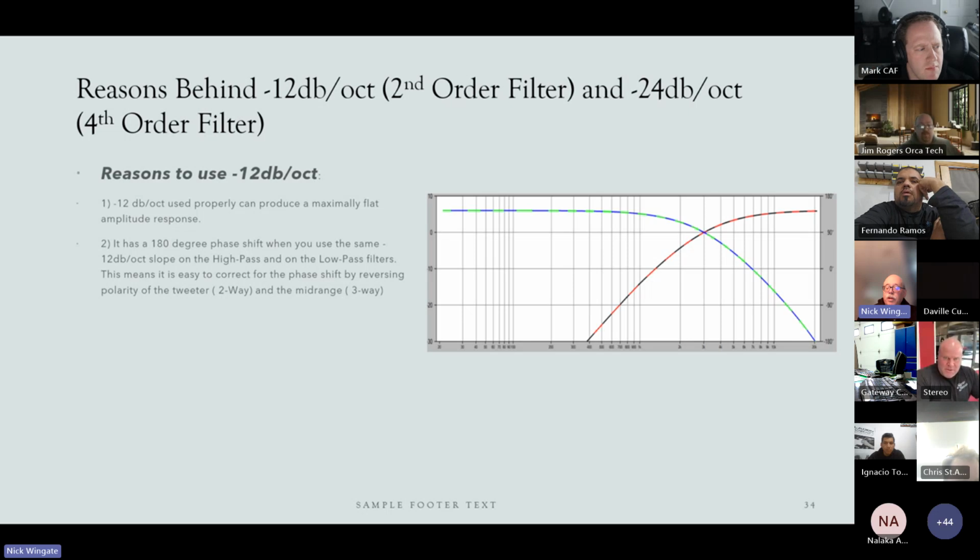If it's a three-way and you've got tweeter to mid-range and you're using 12 dB per octave slopes, and you've got mid-bass to mid-range and you're using 12 dB per octave slopes, you would invert phase on the mid-range. That way all of this energy becomes flat right here, and it makes it easier for things to be in phase.